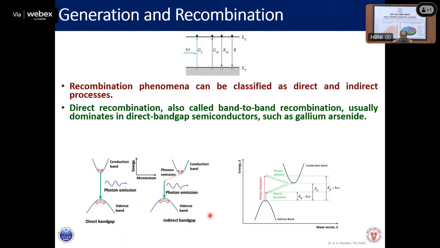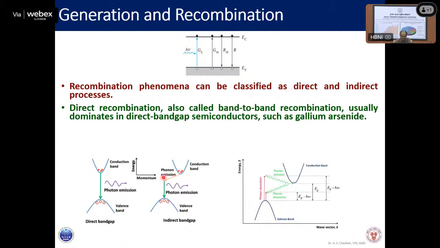However, in the case of indirect band gap material like silicon, the k value is different. First a lattice interaction will take place: the electron will absorb or emit a phonon.